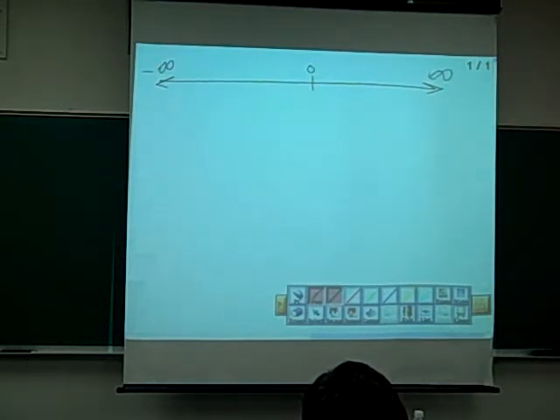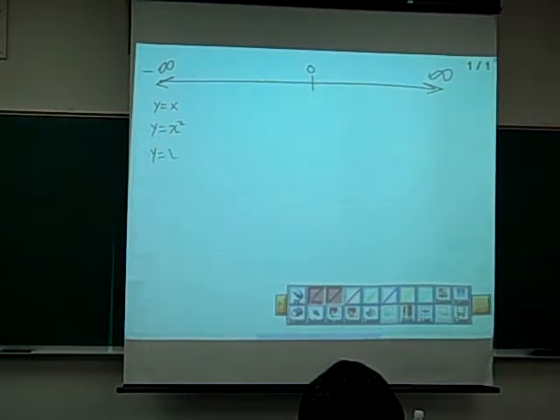Think of these in terms of a number line. Here's 0, and you have this continuum from negative infinity to infinity. Anything with y equals x is negative infinity to infinity. Y equals x squared, negative infinity to infinity, because that's going to go up and to the right and up and to the left.